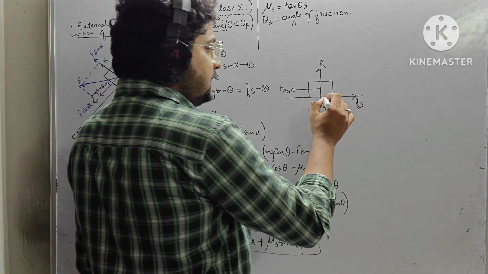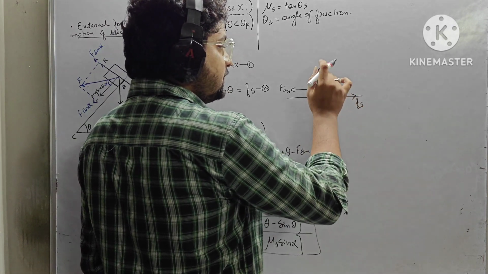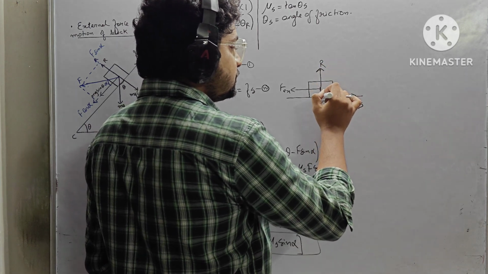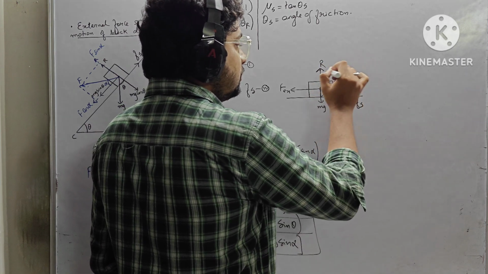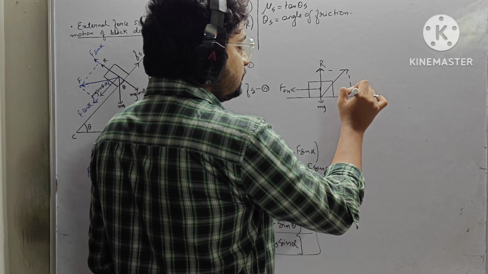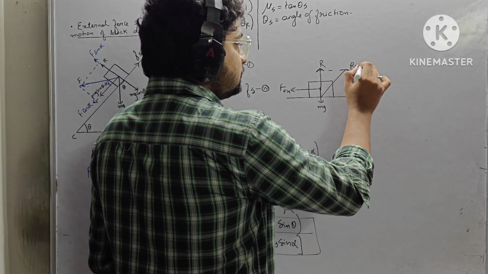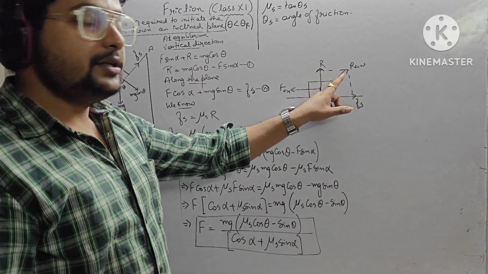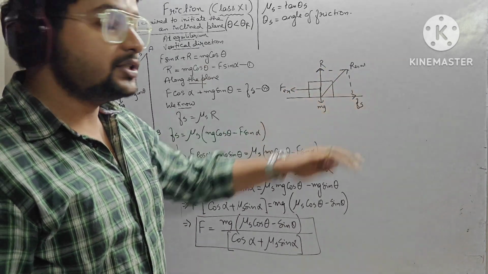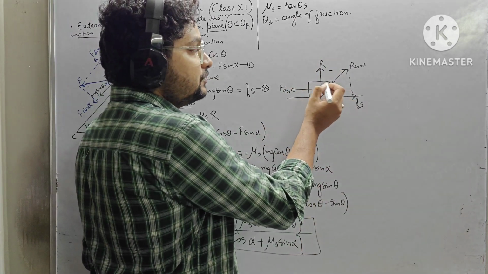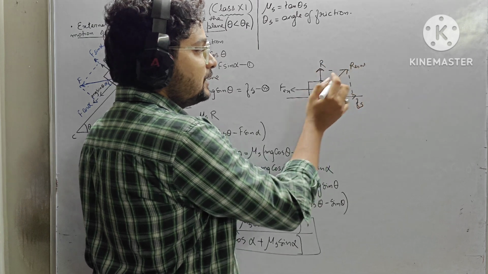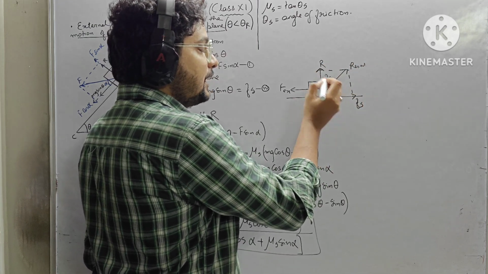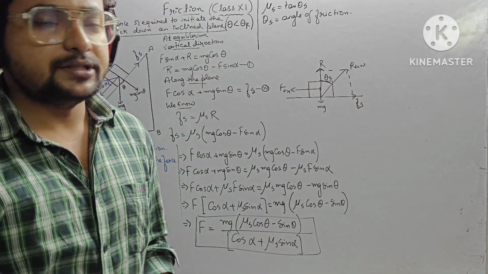Now if I draw a resultant of the reaction force and the frictional force, this is the resultant. The angle between the reaction force and the resultant is known as the angle of friction, theta s.